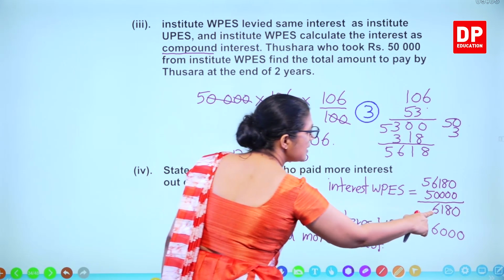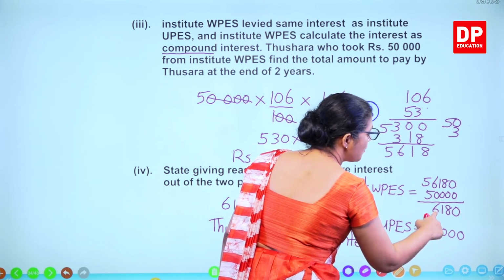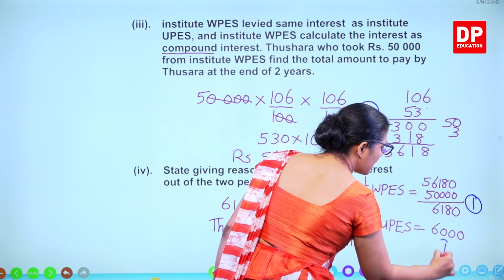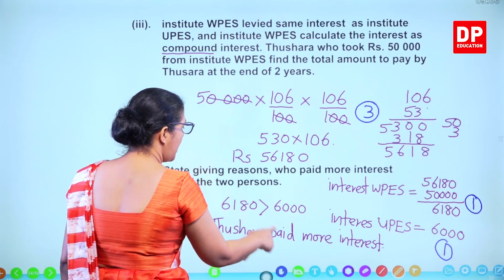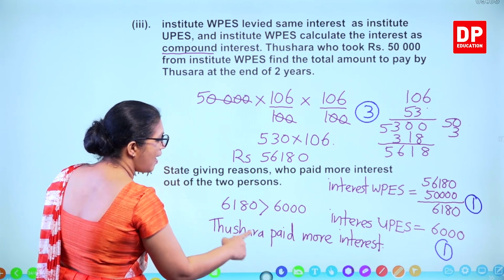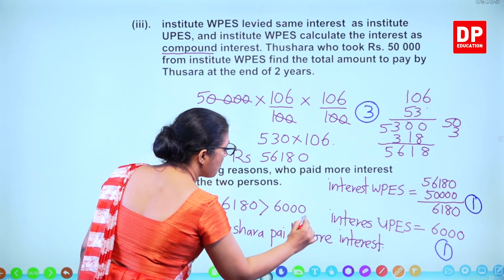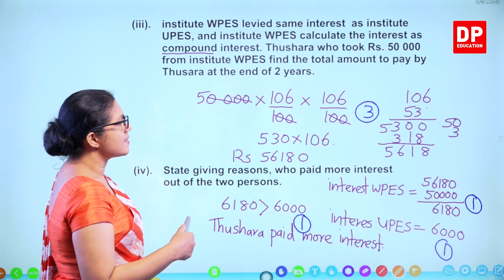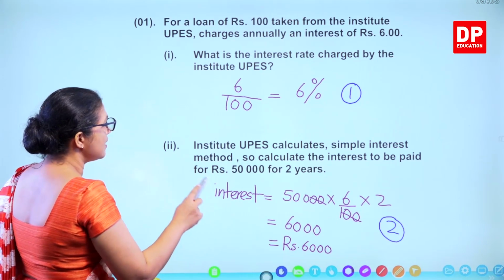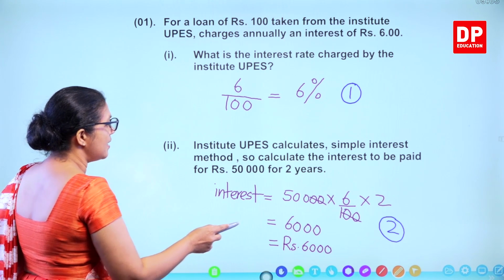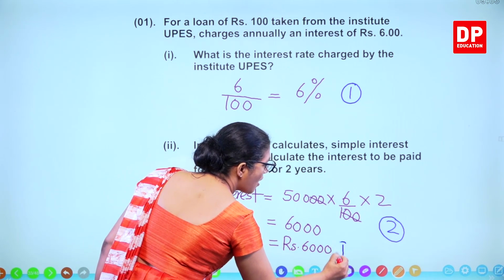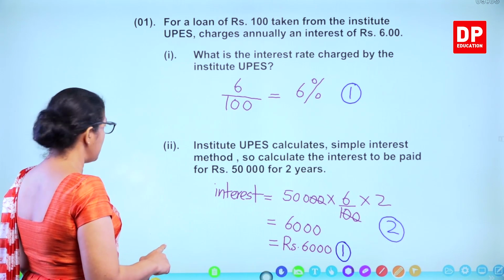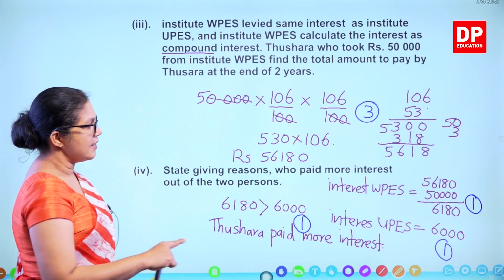And calculating this interest, you can get 1 mark here, 1 mark here, and comparing and writing down the answer, 1 mark. So altogether 3, 3, 6 and 3 here, and here we can give 1 mark for the answer. 1, 3, 3 and 3.